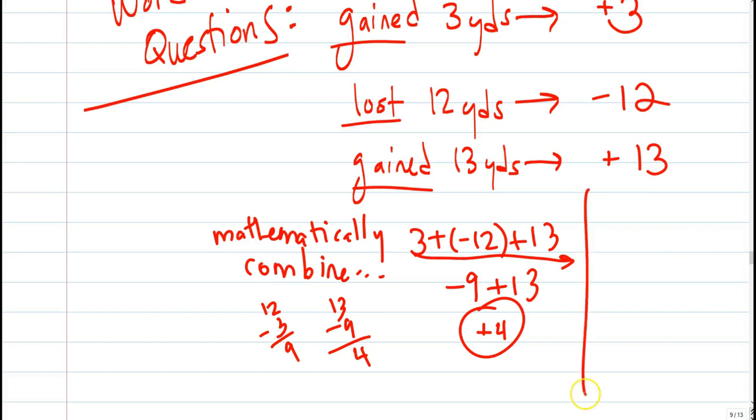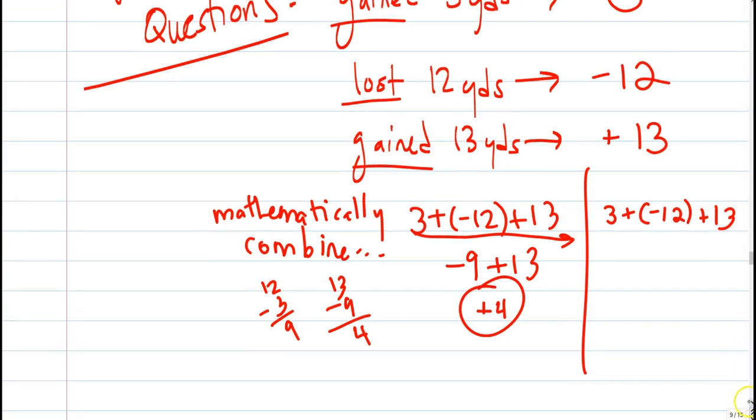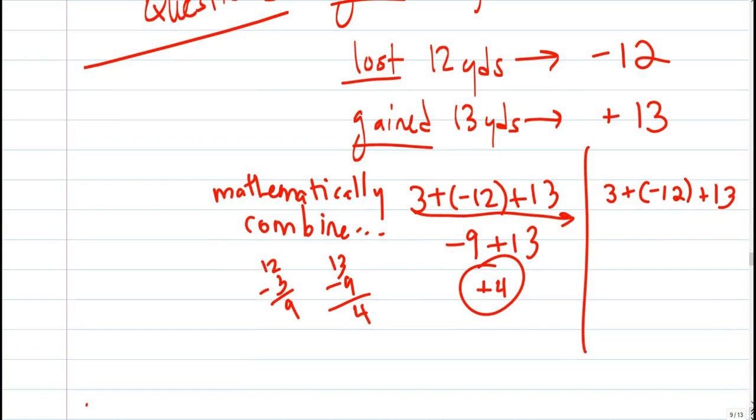One more option. And if this doesn't make sense to you yet, don't stress out about it, but there's a property we talked about in addition where I can redo the order. So if everything that's happening in here is adding, I can actually combine just the positives with the positives. I can add in any order.